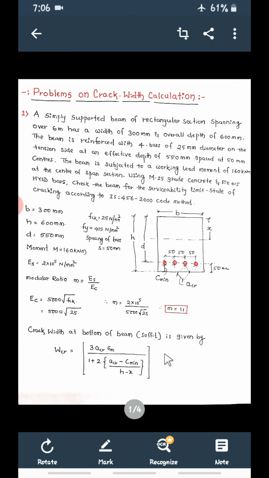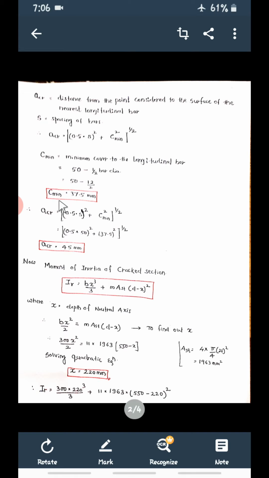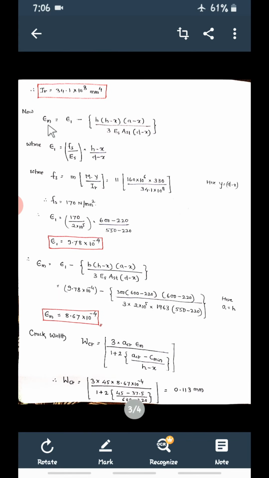How will we calculate C minimum? Then ACR from this formula. To calculate EM we require IR, and to calculate IR we have to calculate X. Then IR will be calculated. Then substitute these values; EM will be calculated from this formula.